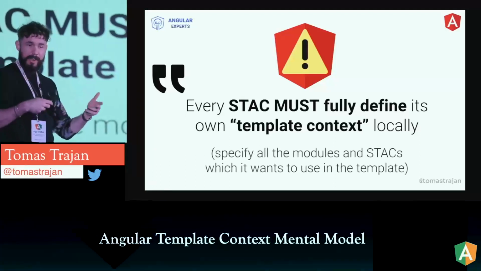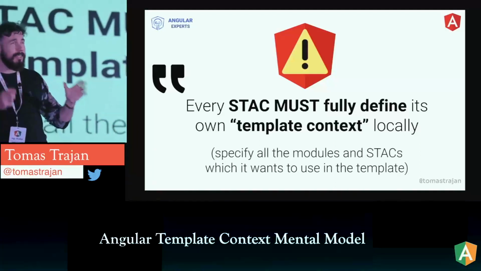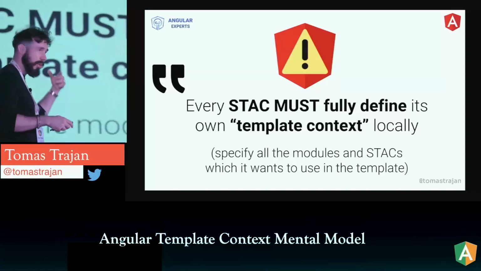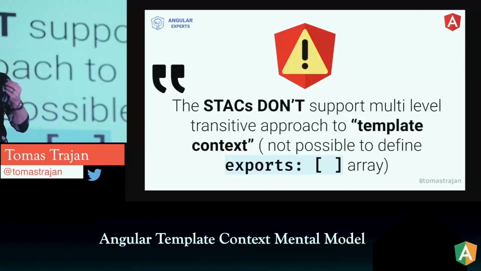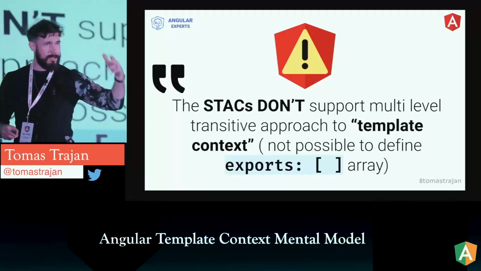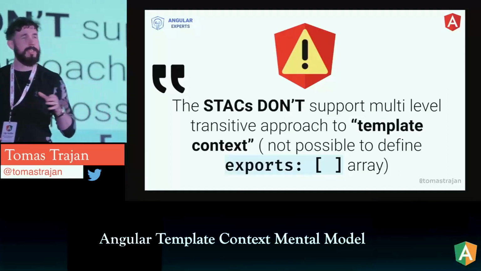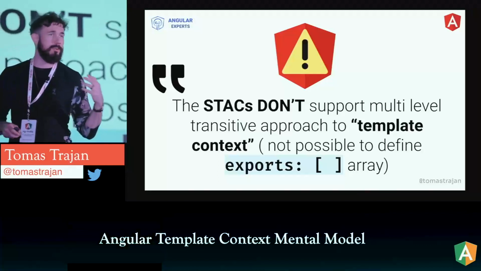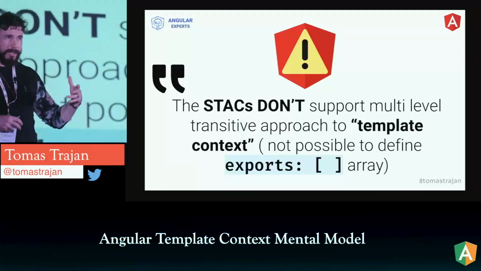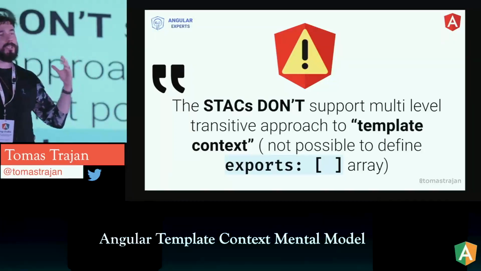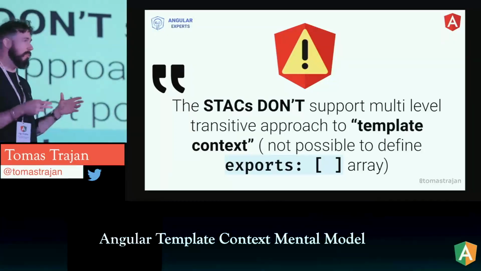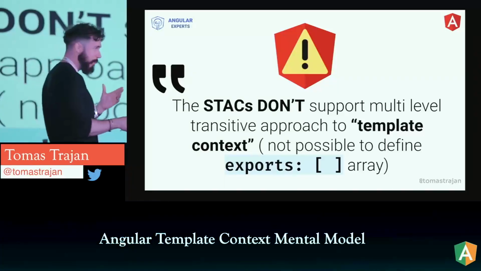So it has to specify all the other modules and all the other standalone components which are going to be used in the template. Another big difference is that when we declare the component as standalone, we cannot specify exports. Standalone components do not support this transitive approach to building the template context. So again, it's much more explicit compared to what we could do with the module, which can be a really good thing.